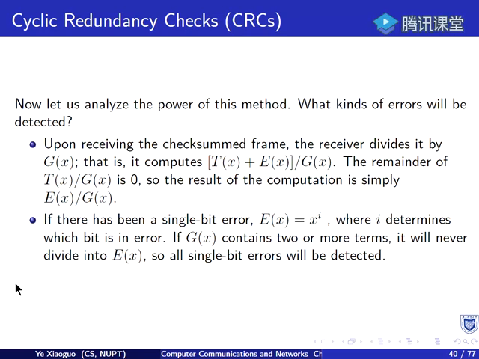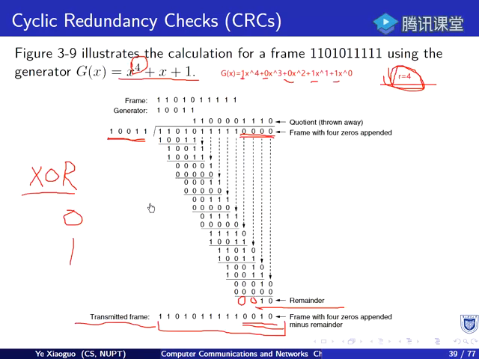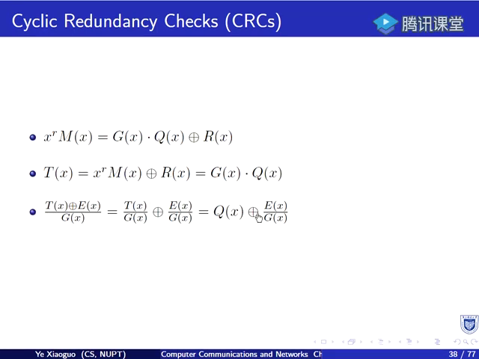The remainder of Tx divided by Gx is 0. So the result of the computation is simply Ex divided by Gx. That is this one, right?